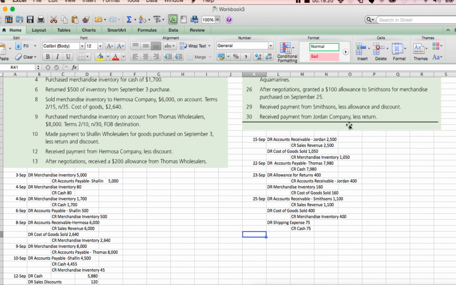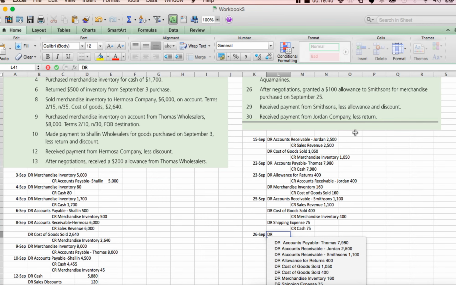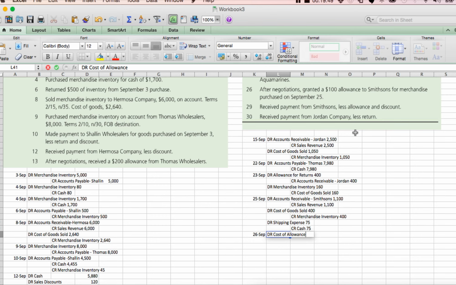Okay, so now we have 26th of September. After negotiations, granted a $100 allowance to Smith Sons for merchandise purchased on September 25th. So we will debit cost of allowance, or could just call this allowances. This is that same account. Let's see, what did I call it up here? Allowance for returns. This would all be the same account. Could be called allowance for returns.